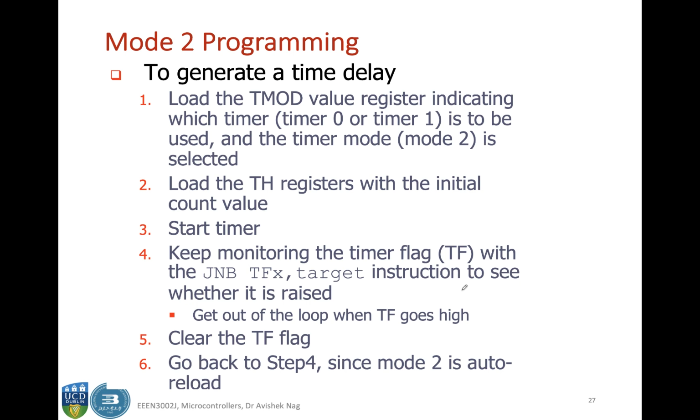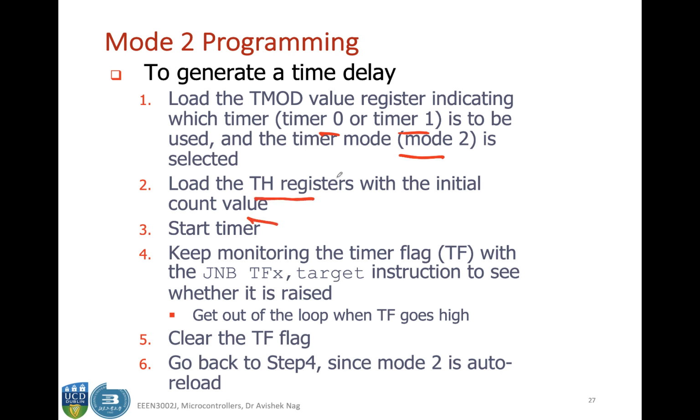So in mode 2, to generate a time delay, you have to remember that you can generate a time delay with only 8-bit numbers, so between 00 to FF. So you load the TMOD register indicating which timer 0 or timer 1 is to be used, and the timer mode is selected. Then you load the TH registers with the initial count value, okay.